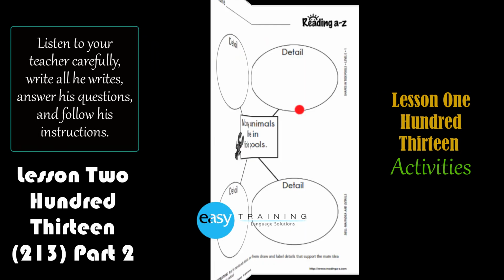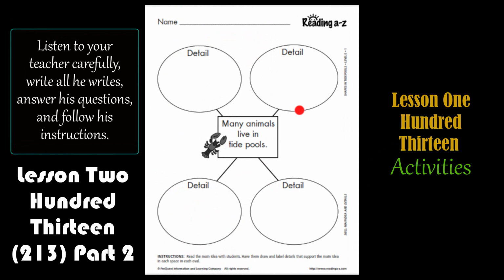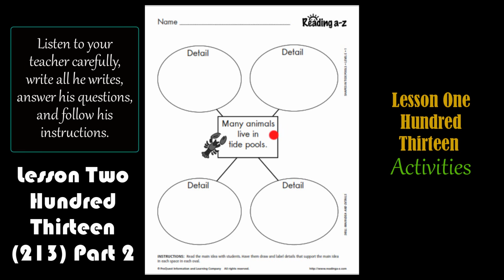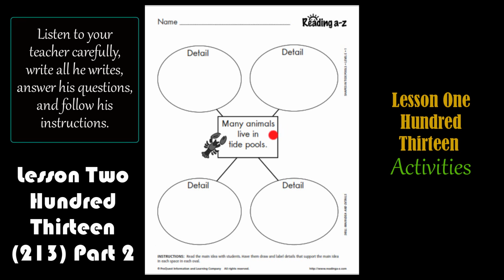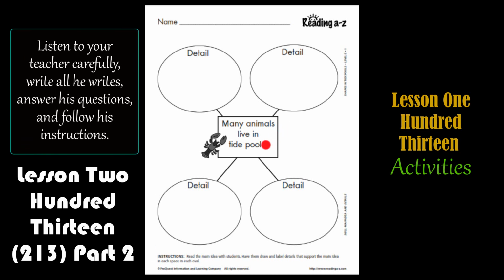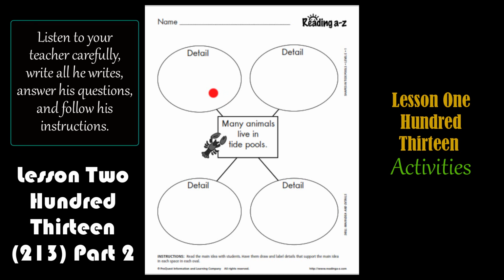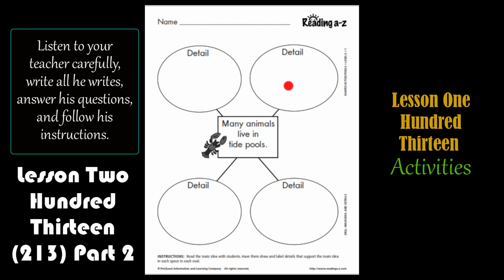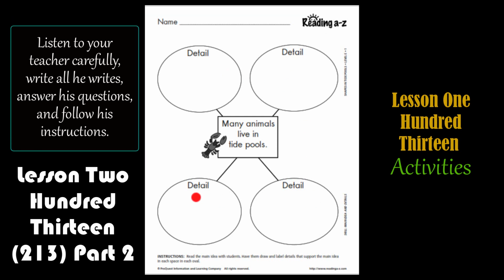Here we go. Activity 1 is about what animals live in tide pools. The main idea reads here that many animals live in tide pools. And here is a diagram with 4 ovals at which you and I are going to be either drawing pictures or pasting the pictures of 4 animals that live in tide pools.